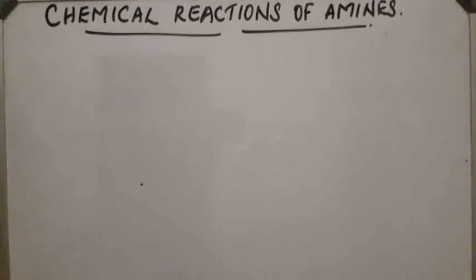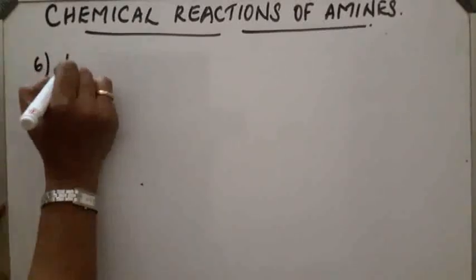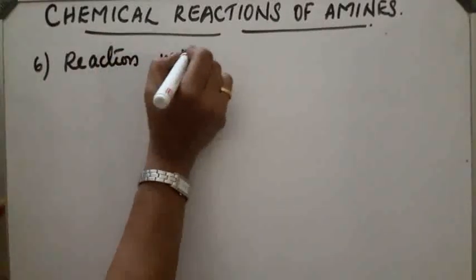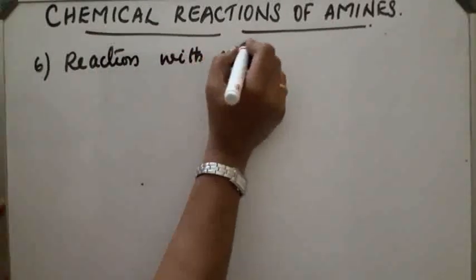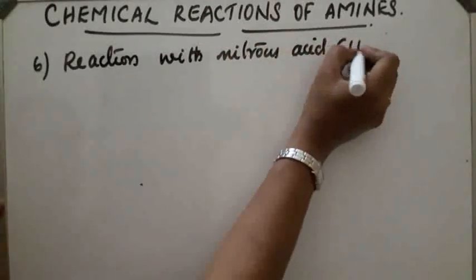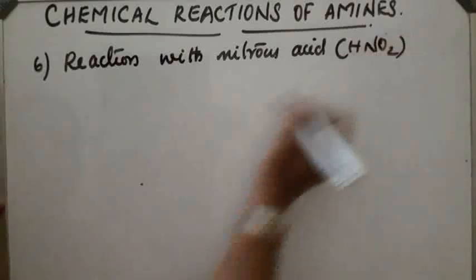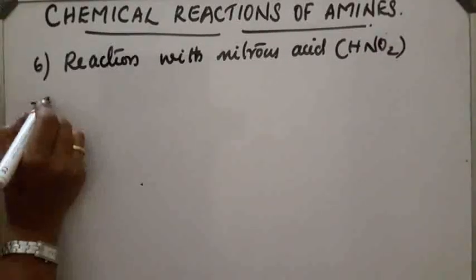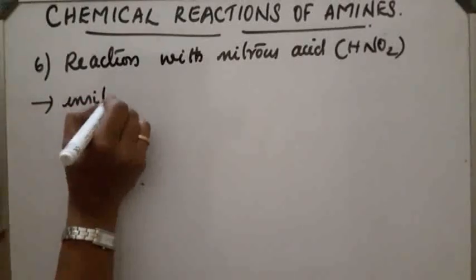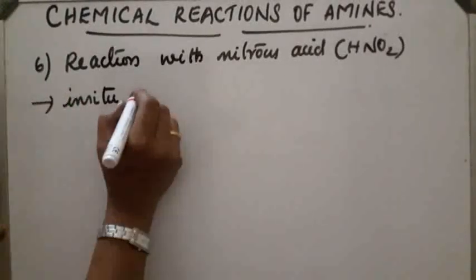Next, the sixth reaction, reaction with nitrous acid. Nitrous acid is HNO2. HNO2 is highly unstable, so it is produced in situ. In situ means it is freshly prepared during the reaction.